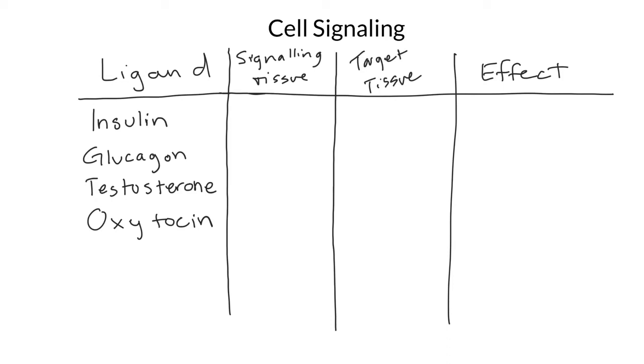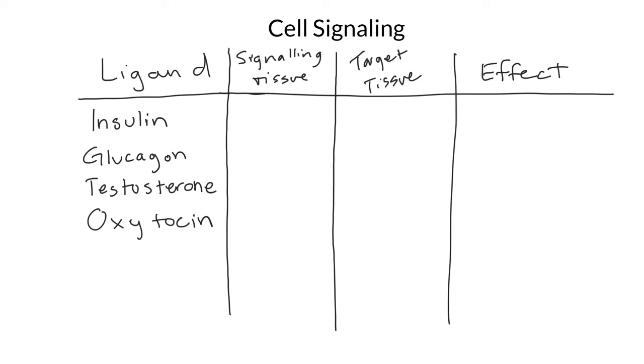Okay, last thing we're going to talk about is cell signaling. So throughout, especially multicellular tissues, there is communication which occurs from one cell to the other. One of the ways is through a hormone, okay? And that is an endocrine signal, right? So there are three types that we talked about in the lecture.